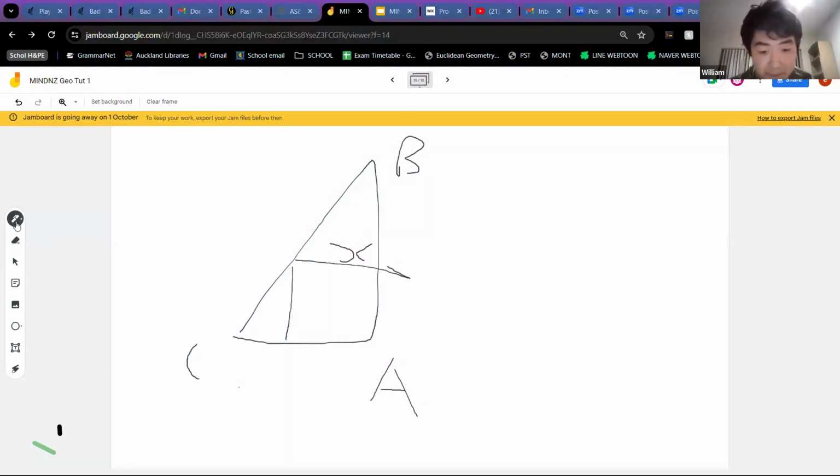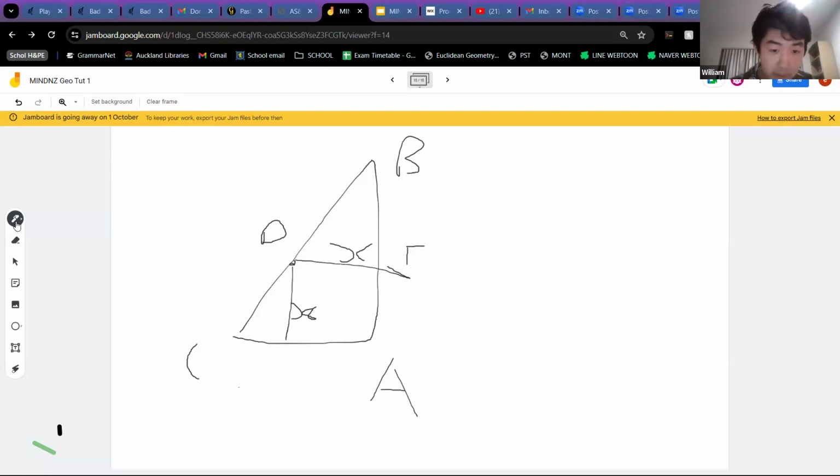Okay, so I've labeled the length of the side of the square as x, and I'm going to let this point be D. I'm just going to call these points E and F. We know that BDE is similar to DCF because they share this angle here.